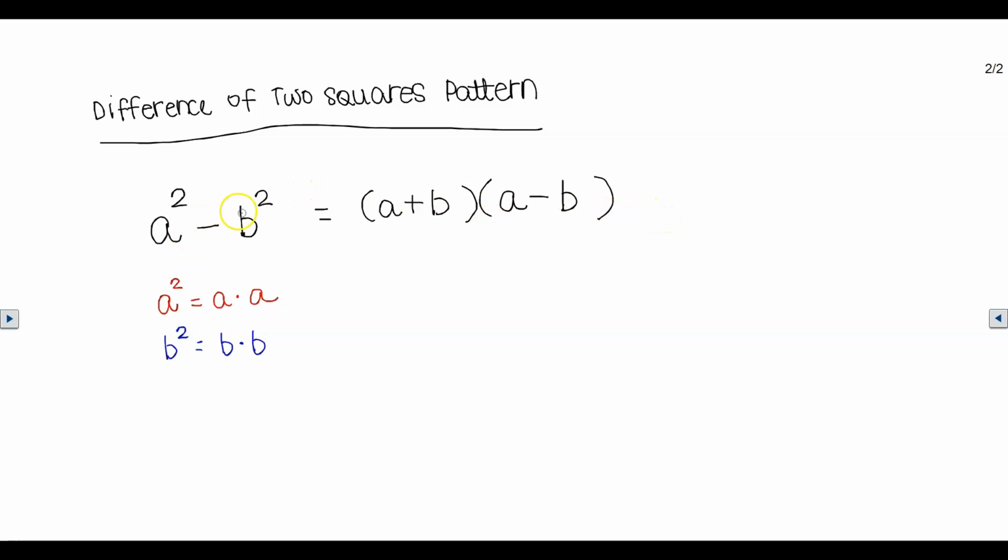When you see a squared minus b squared, you will write the multiplication problem a plus b times a minus b. Now, real quickly here, I want to point out that the a squared becomes an a times an a. The b squared becomes a b times a b. So that's how we're figuring out what to put in those parentheses.